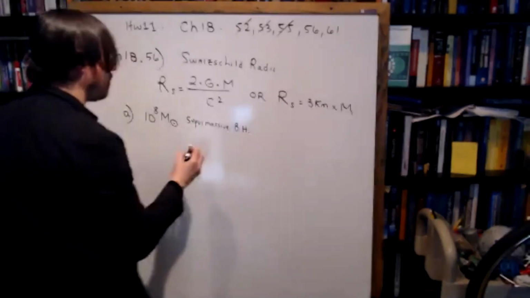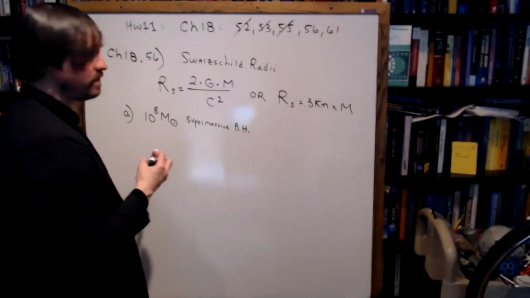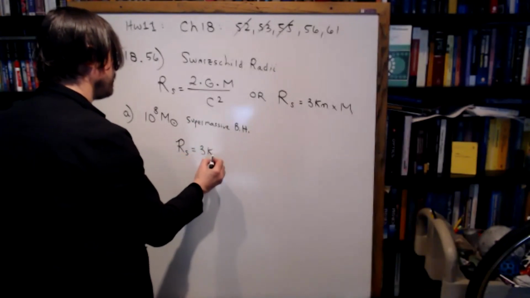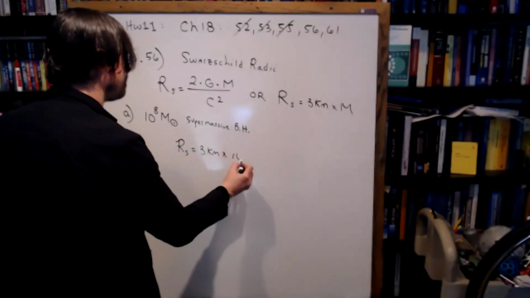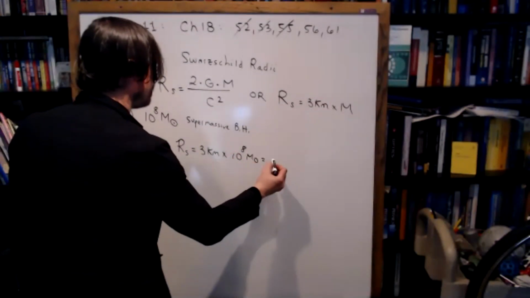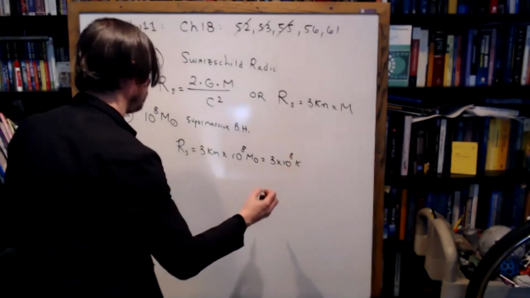Okay. So which version do we want to use? 3 km times M. Couldn't be any simpler. 3 kilometers times 10 to the 8 solar masses. 300 million kilometers.